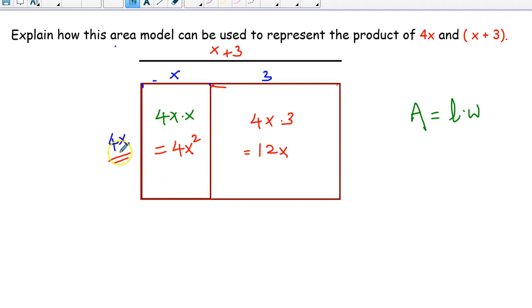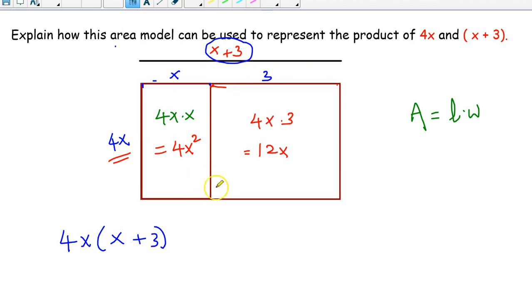It is 4x times the whole of this length, that is x plus 3. So I can write the area of the whole rectangle as 4x times x plus 3. Right? That covers this whole thing.